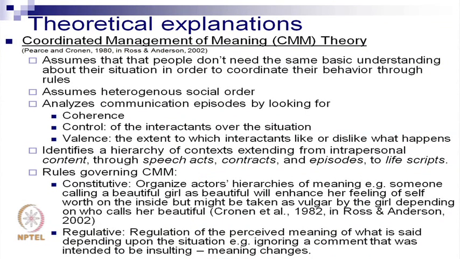The first rules are constitutive rules. Constitutive rules organize acts as hierarchies of meaning. For example, if somebody calls a beautiful girl beautiful, it will lead to the girl feeling good about herself, especially if she's taken extra care to look good that day.